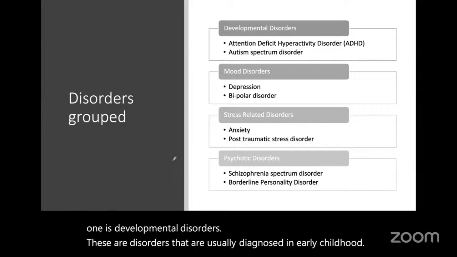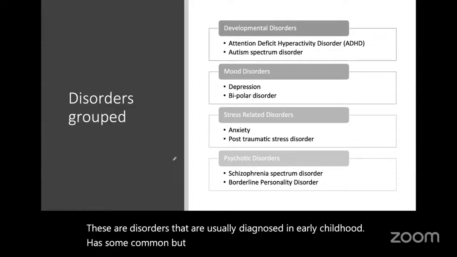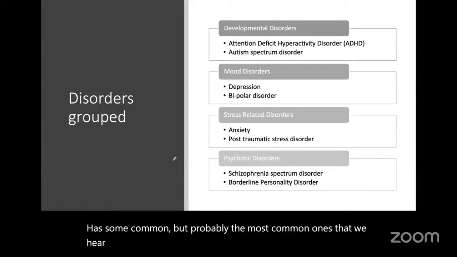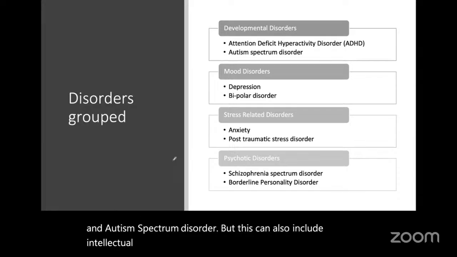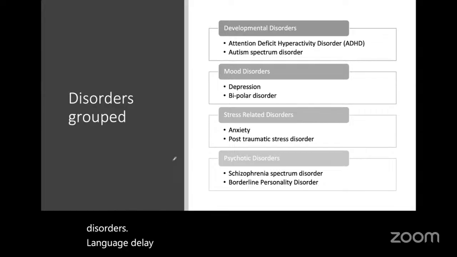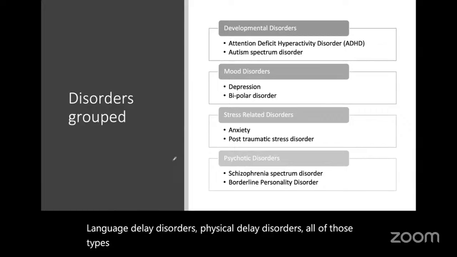Probably the most common ones that we hear about are ADHD, or attention deficit hyperactivity disorder, and autism spectrum disorder. But this can also include intellectual disorders, language delay disorders, physical delay disorders, all of those types of developmental disorders as well.